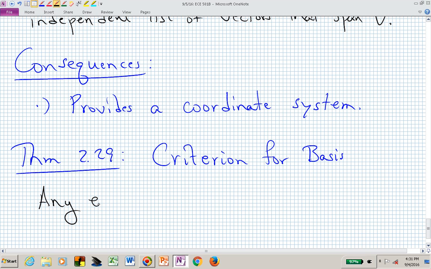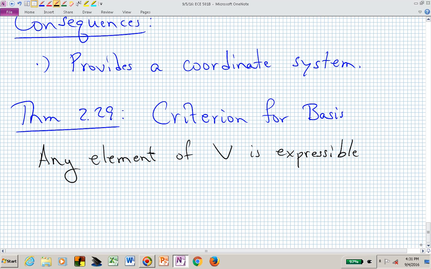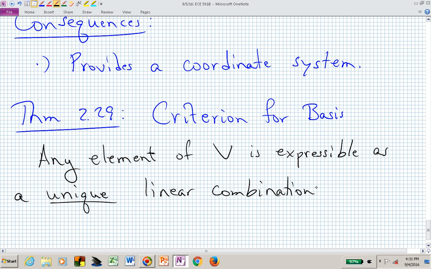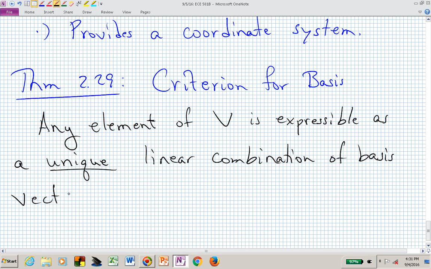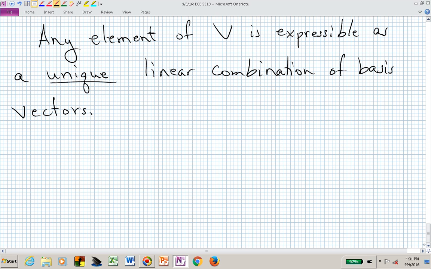Which says any element of our vector space V, so now think any vector in our vector space, any element of V is expressible as a unique linear combination of basis vectors, which is nice.